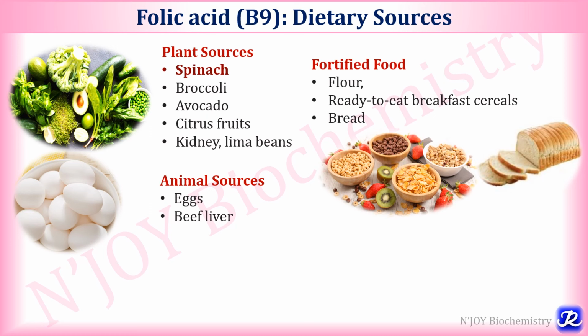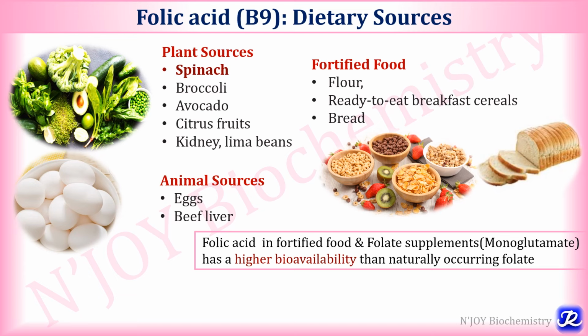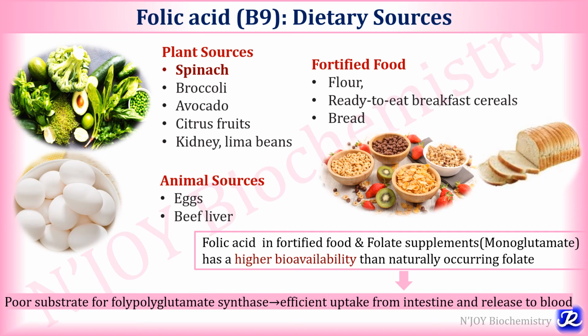Folic acid is also available in fortified food like flour, ready to eat breakfast cereals and bread, and here it is present in the monoglutamate form. That's why it has a higher bioavailability than naturally occurring folate. Because the folic acid present in folate supplements and in fortified food is a poor substrate for polyglutamate synthase.